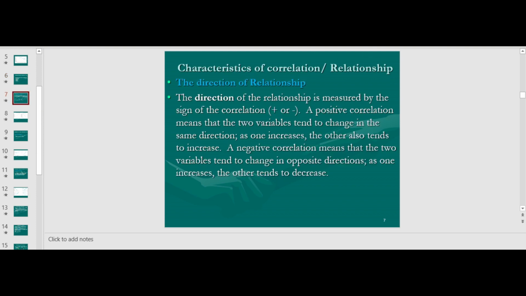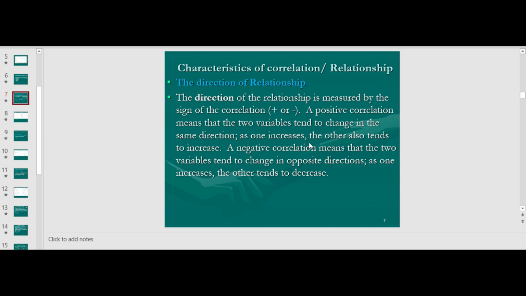The direction of the relationship. The direction of the relationship is measured by the sign of the correlation, that is positive and negative. These signs of the correlation, positive or negative, describe the direction of the relationship. A positive correlation means that the two variables tend to change in the same direction.